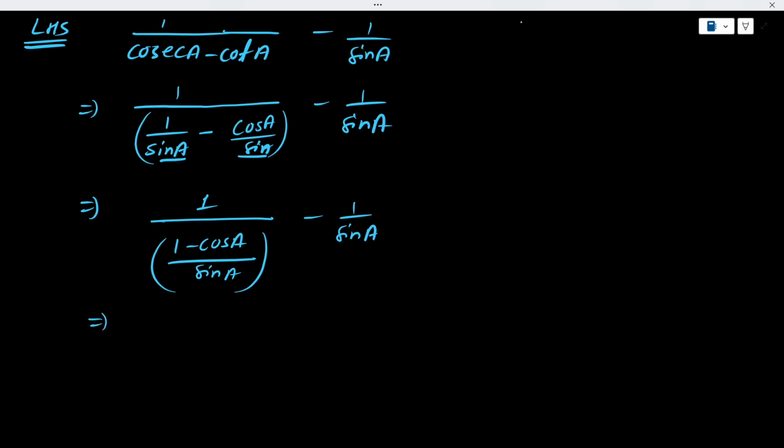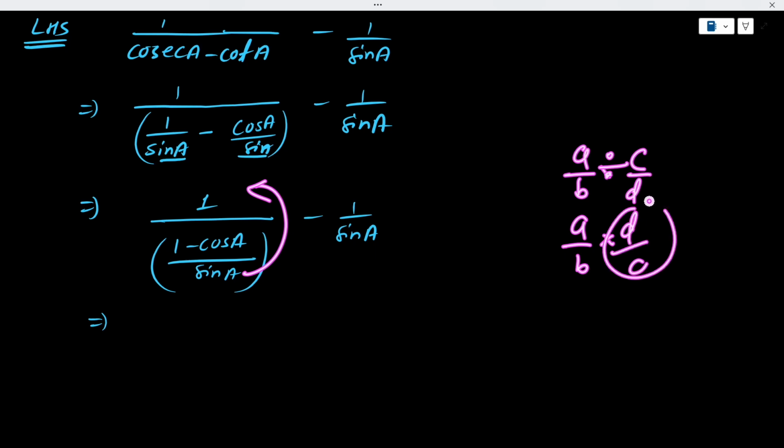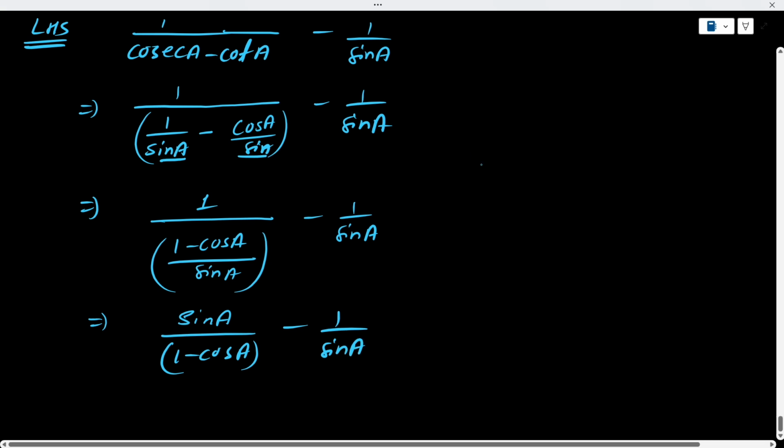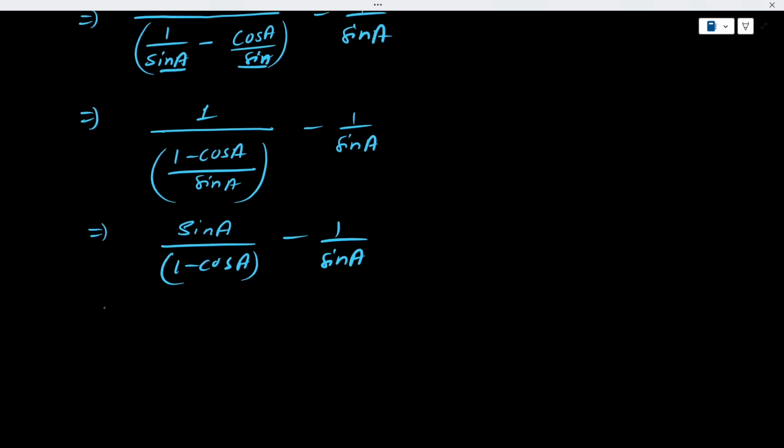Now what will happen here, your sin A will go to the numerator, because if I am having A by B divided by C by D, I take A by B into D by C. We can take the reciprocal of the denominator. So it will become sin A by 1 minus cos A, right, minus 1 by sin A. Now to get the common denominator, what do I need to do here? I can do the cross multiplication here.